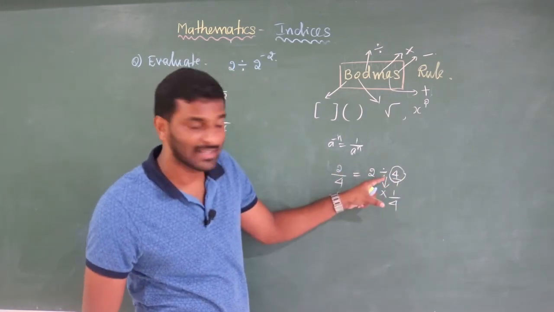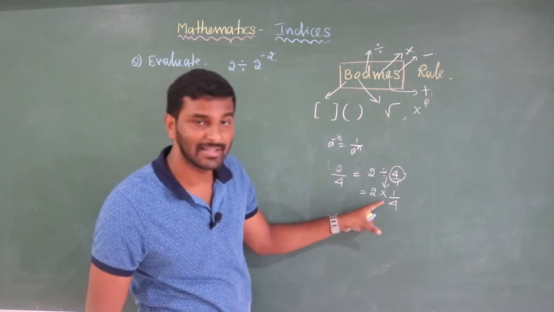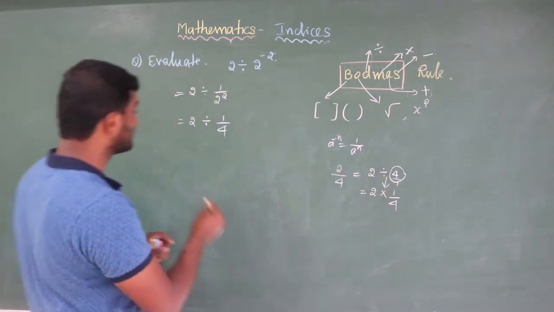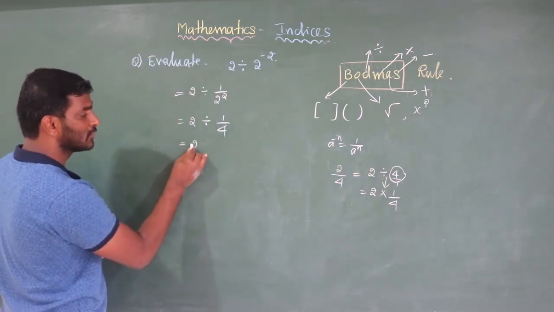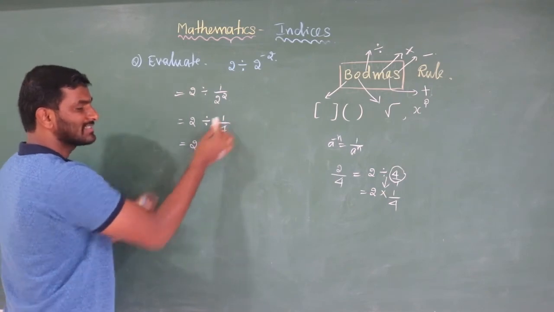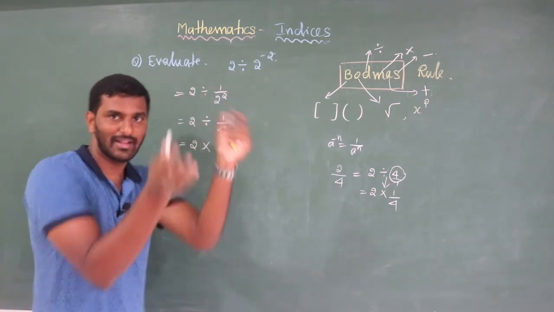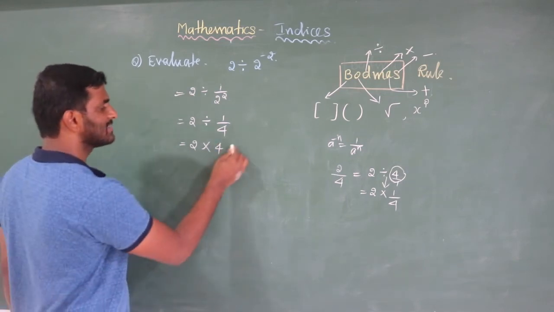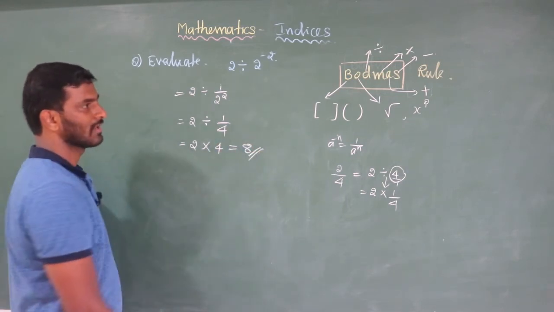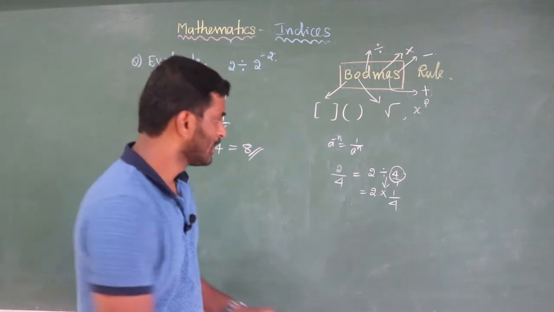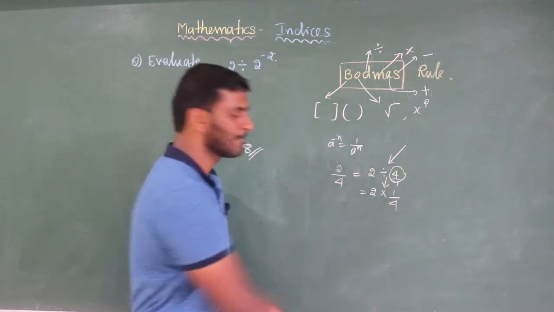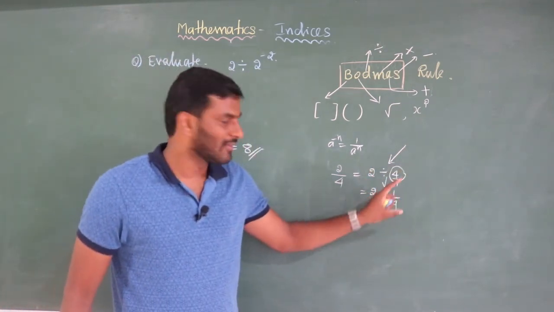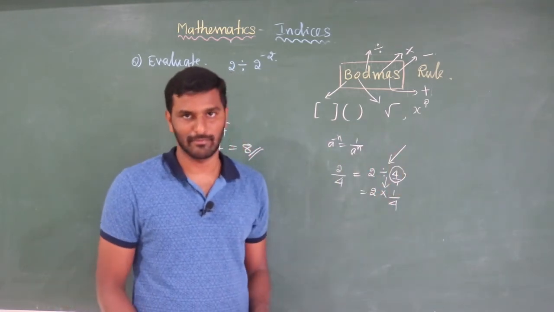If it is division, we change it to multiplication and take the reciprocal. Hence, what are you getting here? 2 into, just take the reciprocal. 1 by 4 will become 4 by 1. Hence it is 4 by 1, which is nothing but 4. And the answer is 8. Like that we have to simplify. Note this important point here: divide by 4, we can also write as into 1 by 4.